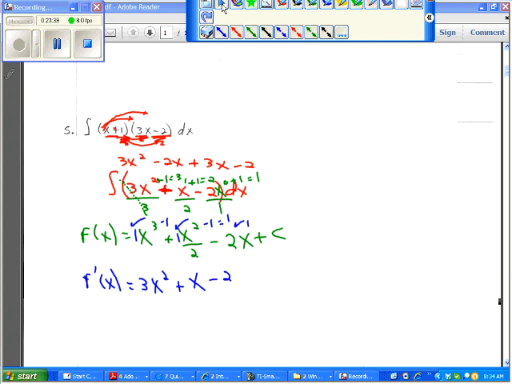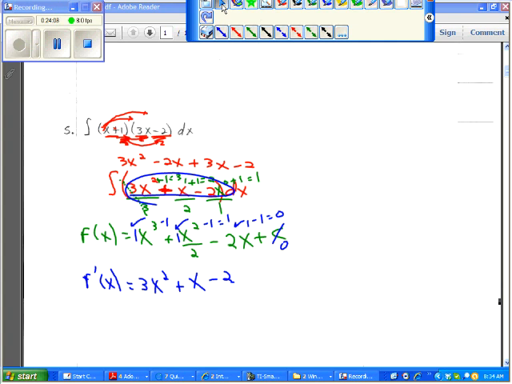We're going to take exponent times coefficient minus 2. We're going to reduce the exponent by 1, 0. X to the 0 is 1, and the derivative of constant goes out. We have 3x squared plus x minus 2, which is what we had when we multiplied the two binomials. Okay, so we have found the integrals, and we verified by taking the derivative.